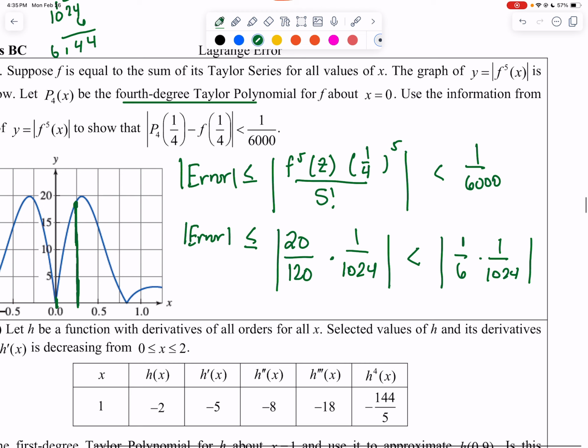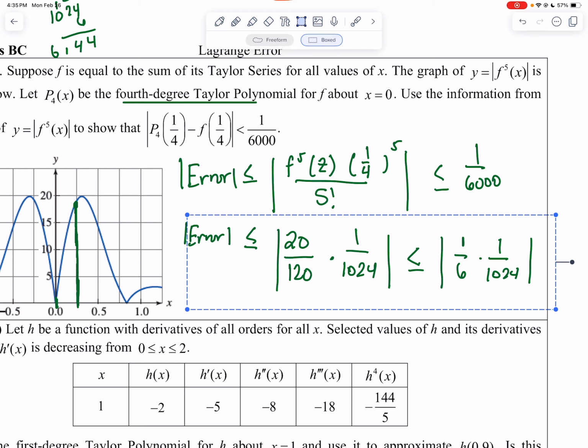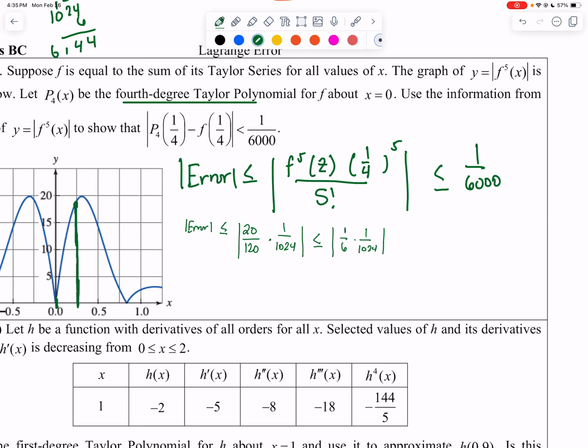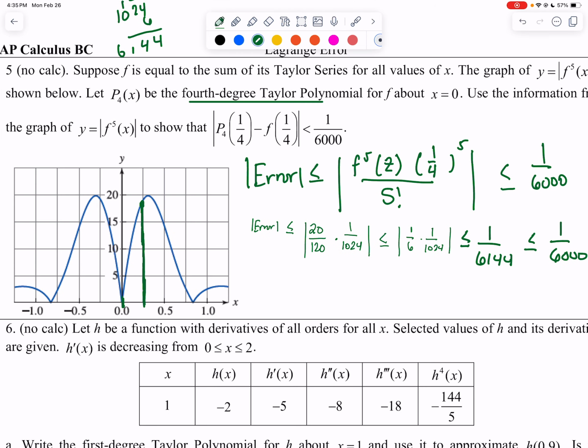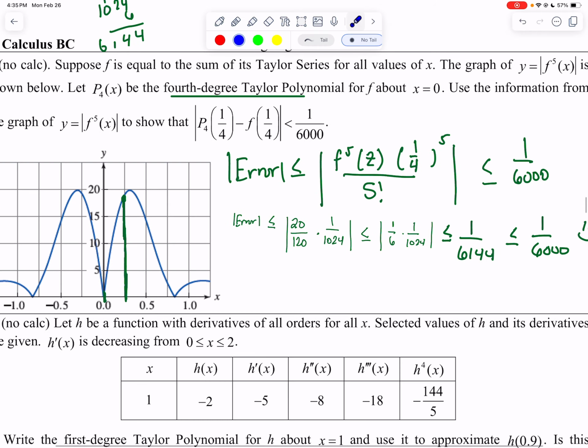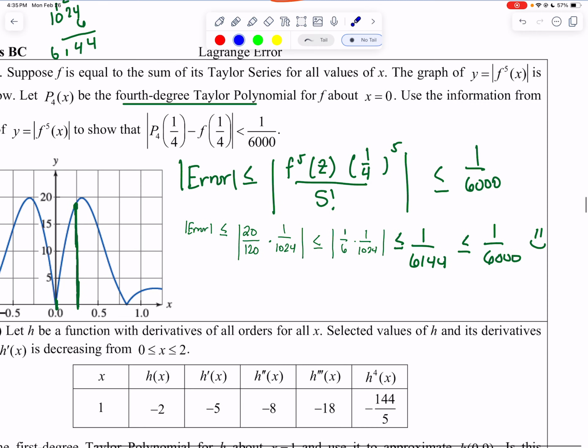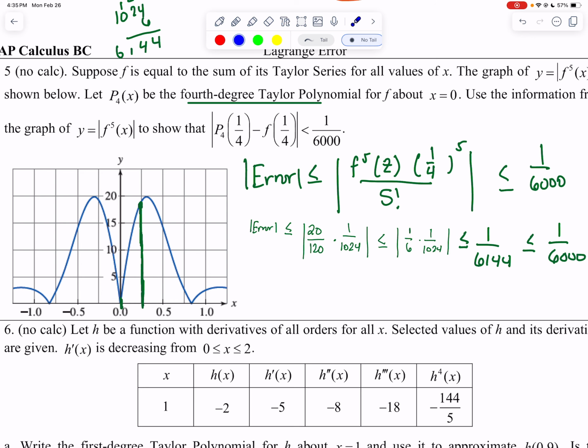And we know that right there, that is definitely less than 1 over 6,000. Yay. So if they give you a graph, go ahead and approximate this using whatever they give you from 0 to 1/4 in this case.